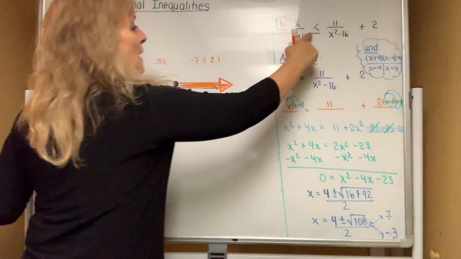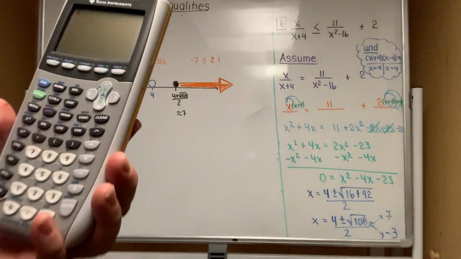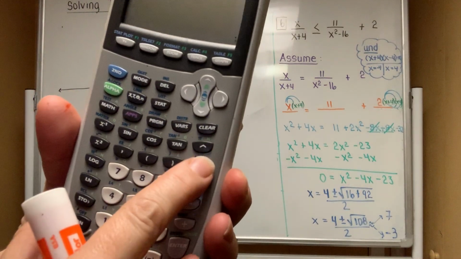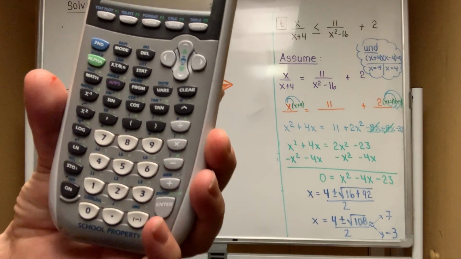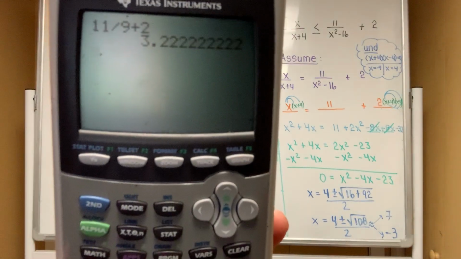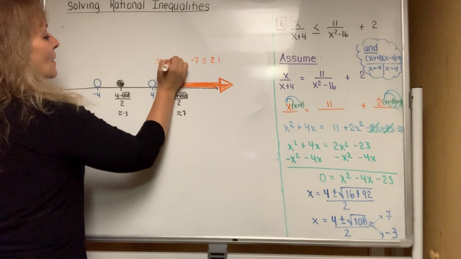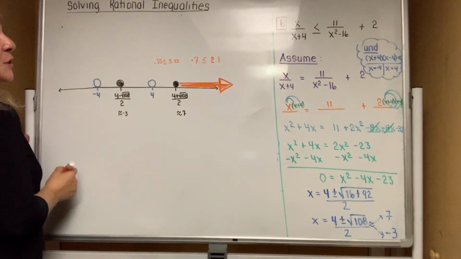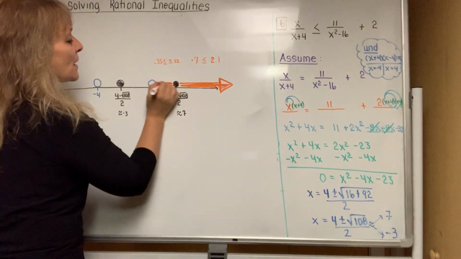I'm using the less than or equal to, and then I'm going to go to the other side. The other side is 11 divided by, and 25 minus 16 is 9. And then don't forget about the plus 2. And when I look at it, it says 3.22. The question is, is that true? And the answer is yes. So make sure you shade where the number 5 is.